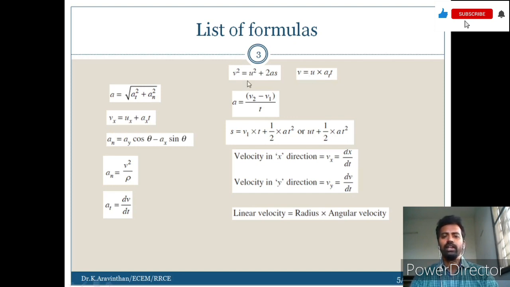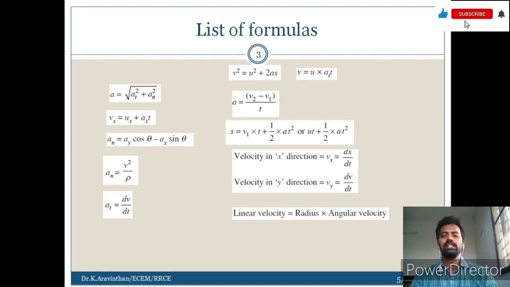According to the given data, the appropriate formulas have to be used. If a problem has initial velocity, acceleration and time, or distance and acceleration with the initial velocity given, you can use these two formulas.